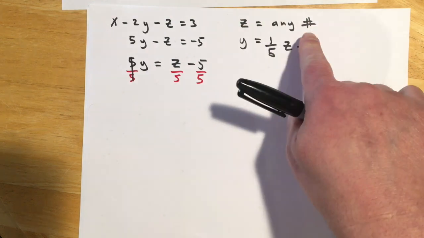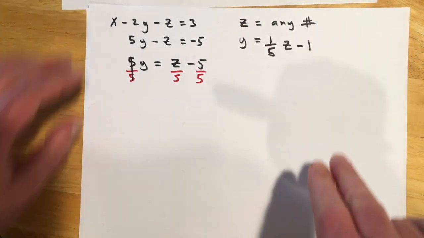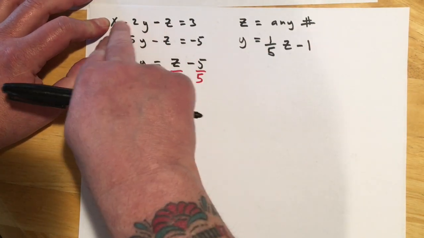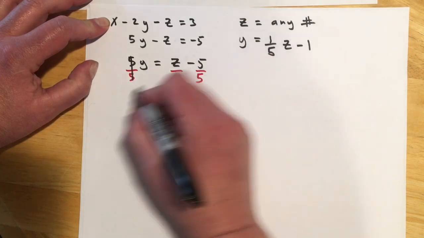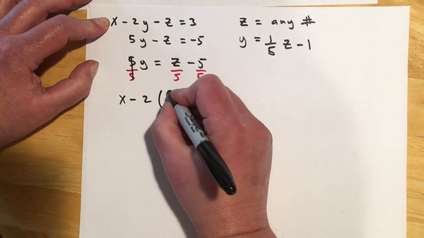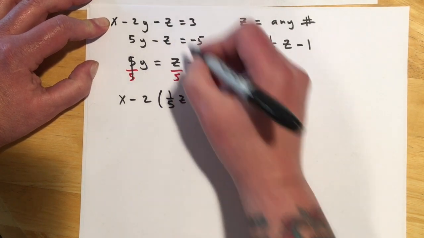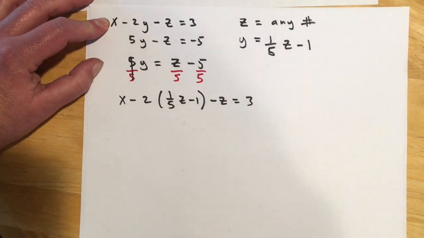And so now z is any number, y equals this in terms of z, and now I'll go back and get x by substituting this in for that y, and then getting x by itself. So that would look like x and then minus 2 times, this is my new y, minus z equals 3.